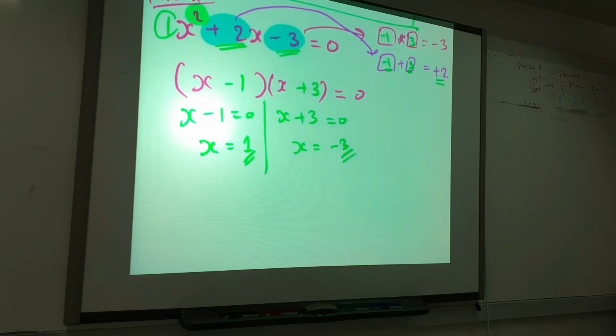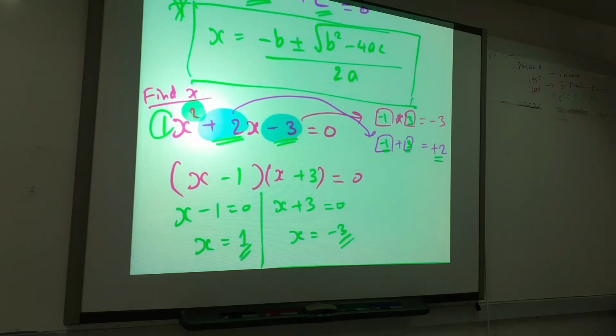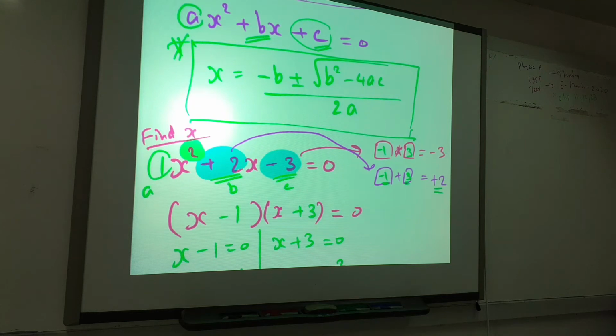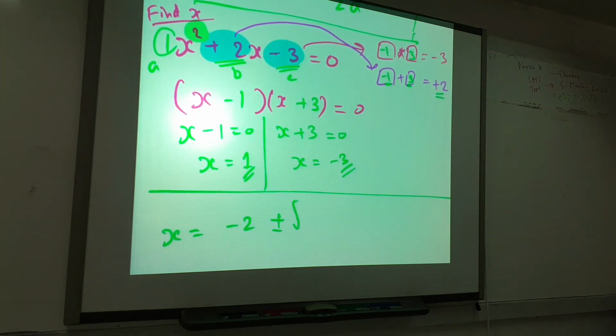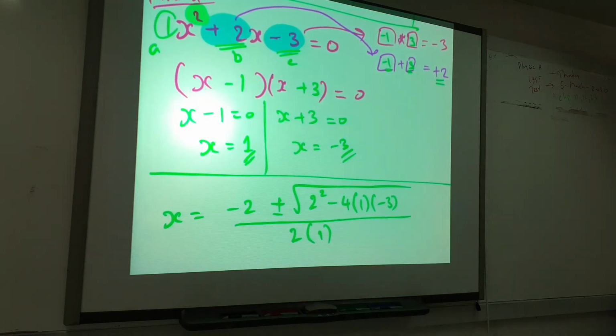So x equals minus b, b is 2, plus minus root of b squared minus 4 times a times c, the whole thing divided by 2a.